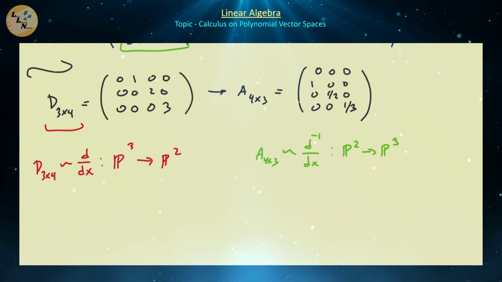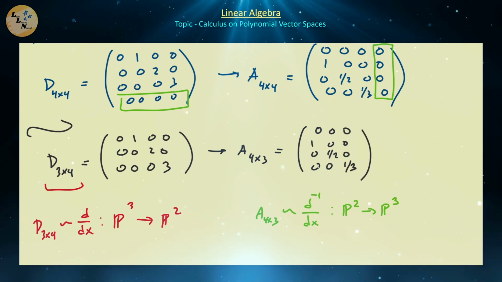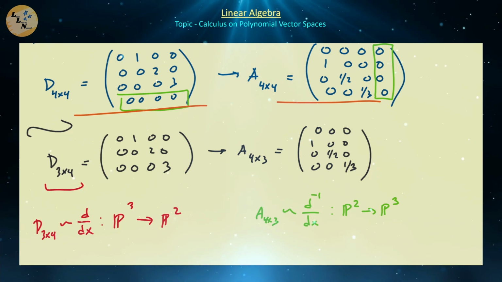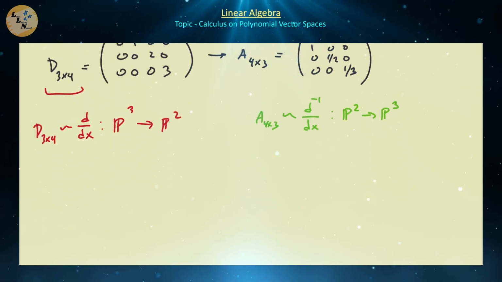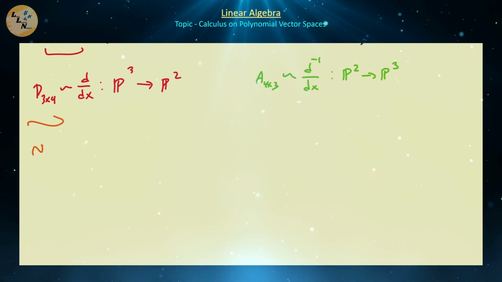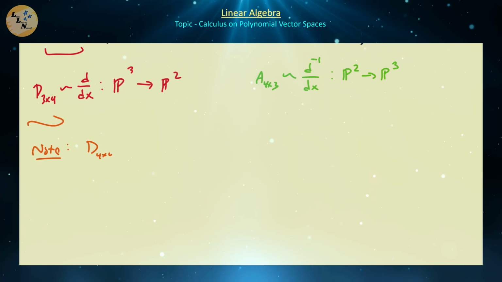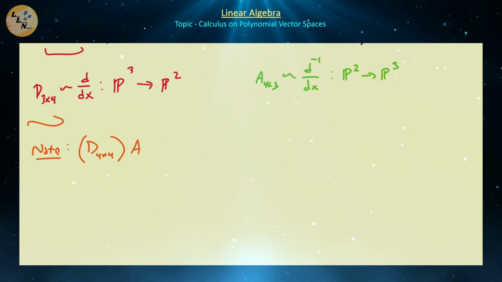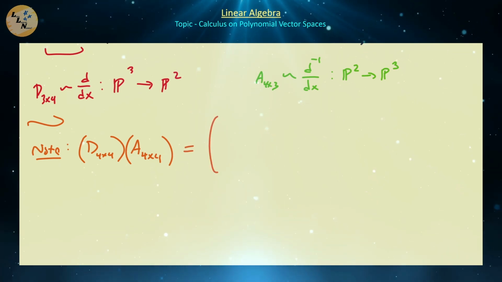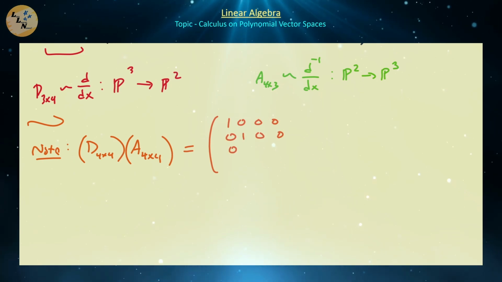Now I want to make another point because they're not quite inverses of each other, even if we choose the square versions. So how can you verify that these indeed are not the inverses of each other? If we multiply one by the other, for example, the 4 by 4 differentiation matrix times the 4 by 4 anti-differentiation matrix, you're going to get a matrix that's similar to the identity, but not quite. You're going to get 1, 0, 0, 0, 0, 1, 0, 0, 0, 0, 1, 0, and 0, 0, 0, 0, right?